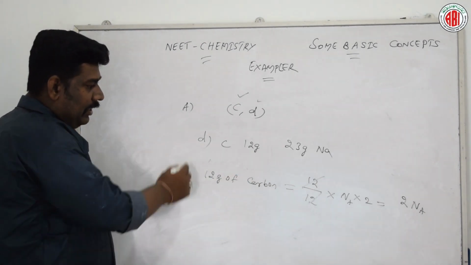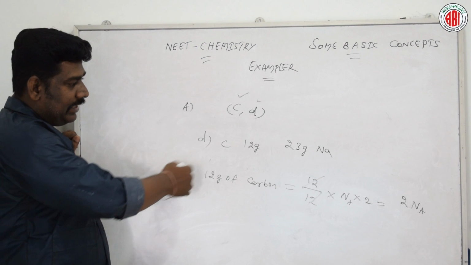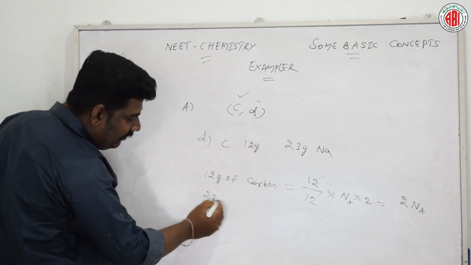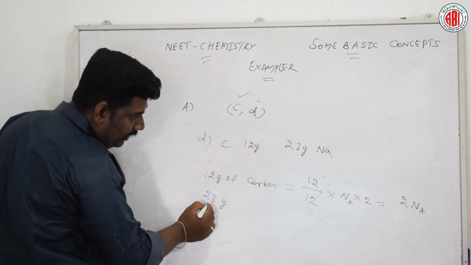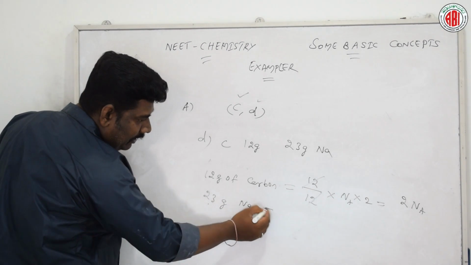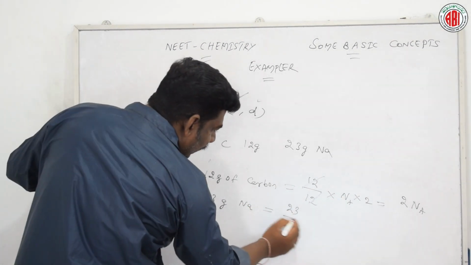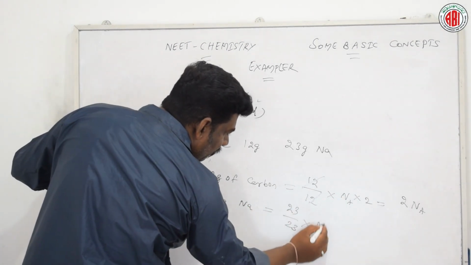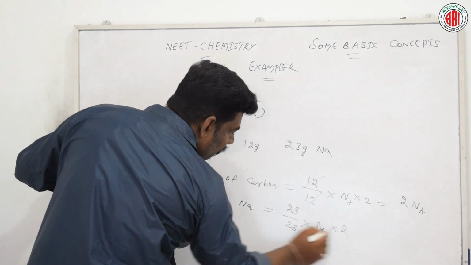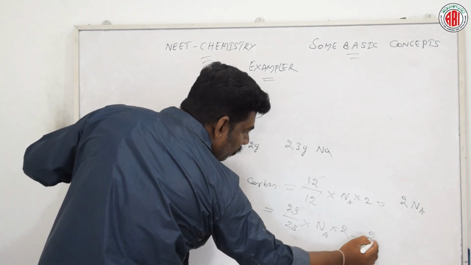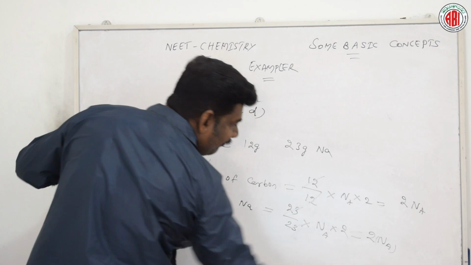Similarly, in this second category, you see 23 gram of sodium, that is also 23 by 23 into Avogadro number into 2. Cancelling this, what we will get? 2 into Na, Avogadro number.